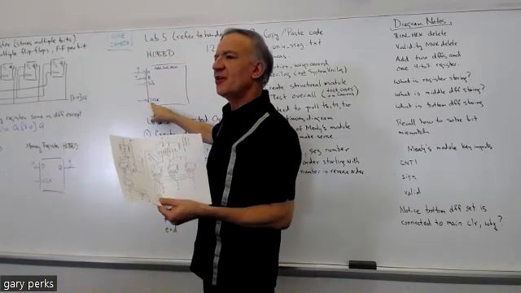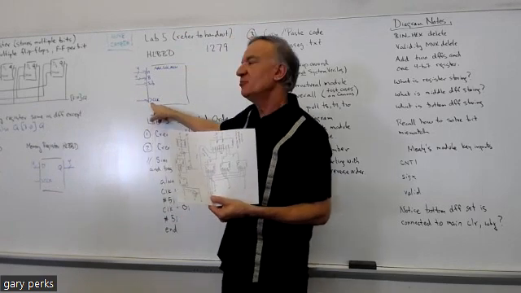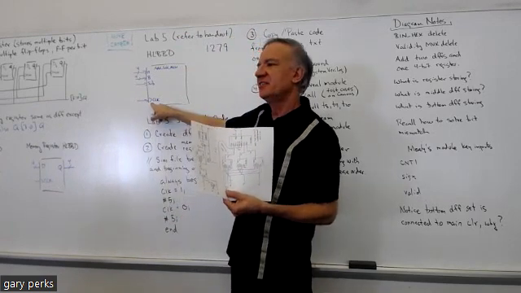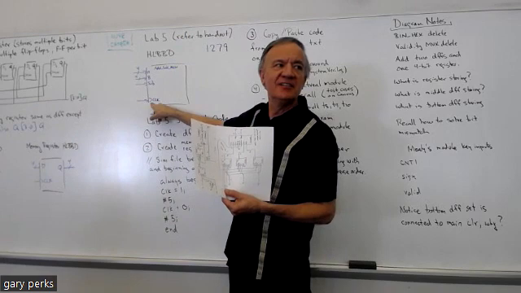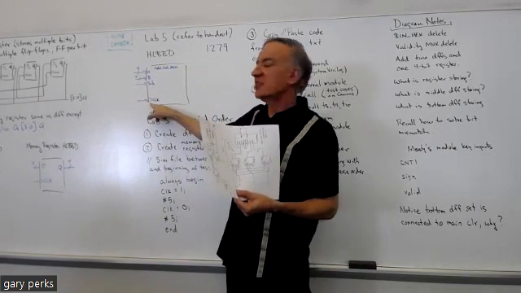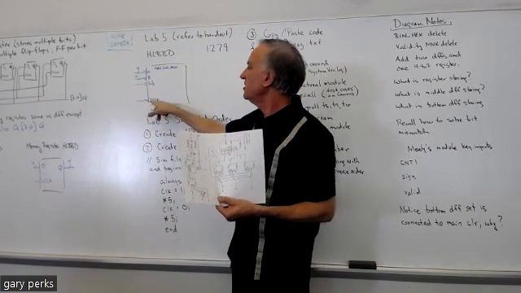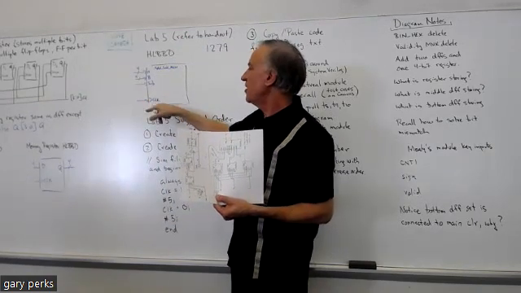What does that little triangle on the clock input mean? Did you pick that up from last lecture? It means it's edge sensitive. Yeah, there's no little circle, so that's rising edge. If there was a circle, it would be negative or falling edge.